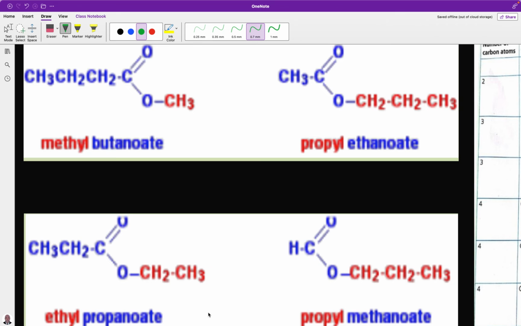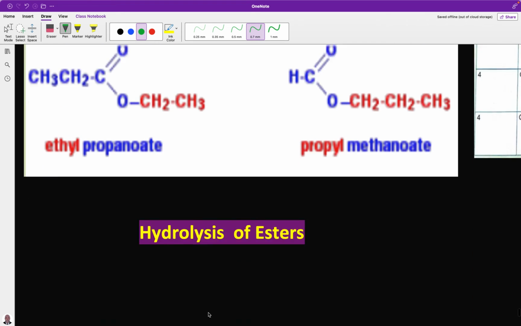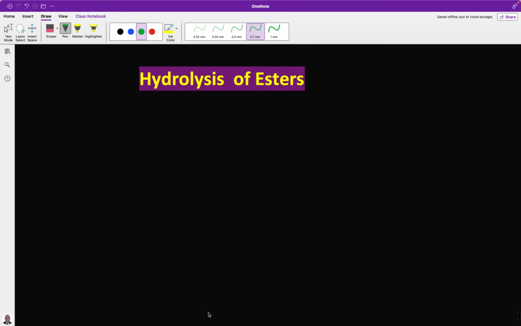Our last section of this lesson today will deal with hydrolysis of esters. Regarding hydrolysis of esters, esters can be hydrolyzed by heating under reflux with either dilute sulfuric acid or aqueous sodium hydroxide.